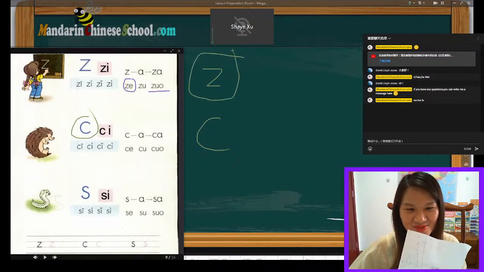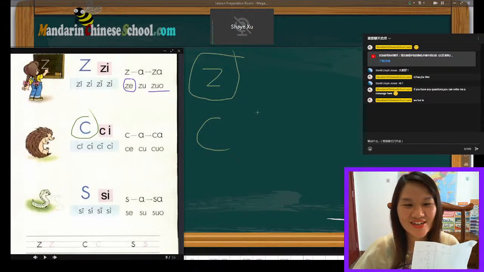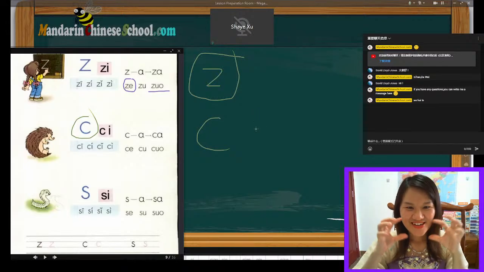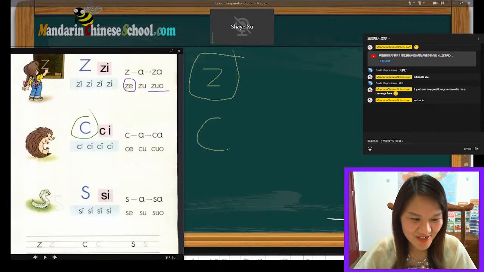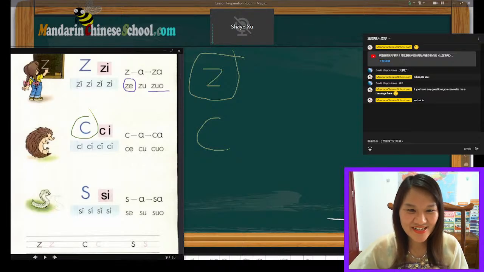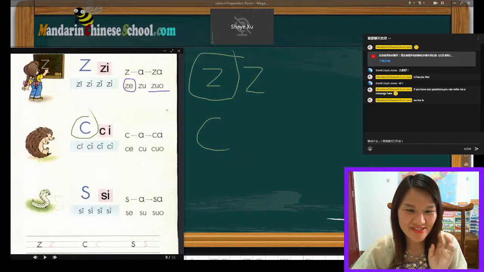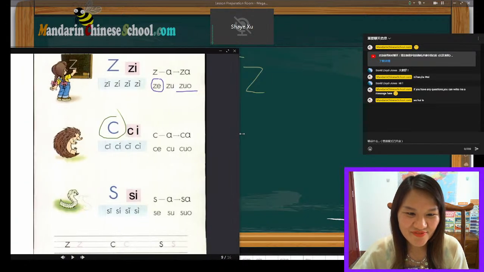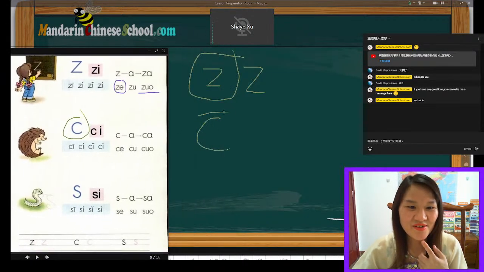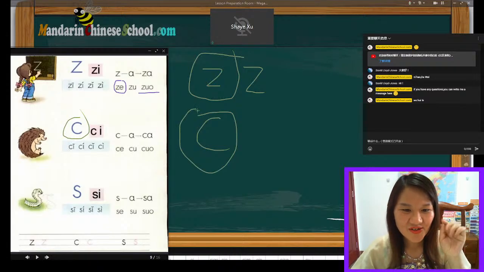Okay, I'm pronouncing this one. 滋, and then you pronounce the 次. Put your tongue at the same place as when you pronounce the 滋 sound, and the shape of your mouth is the same too. The only difference is a little bit of air will come out of your mouth when you pronounce 次.